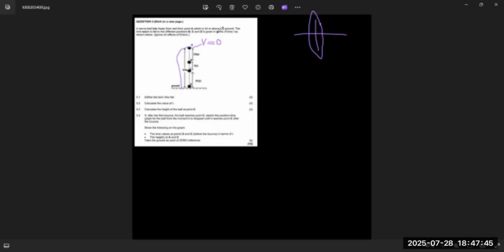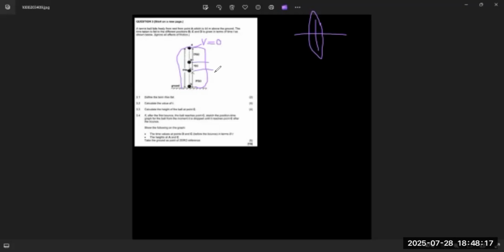The time taken to fall to the different positions: the ball will fall from point A to D. It doesn't mean it will stop at B or C. They're just pointing out those points. From A to D, it will obviously pass point B and point C, which are different positions at different times, and the velocity will be different.